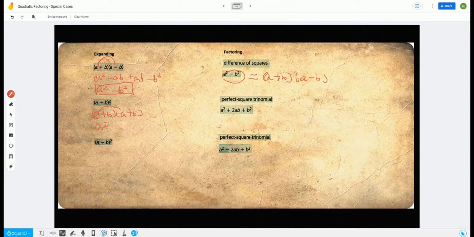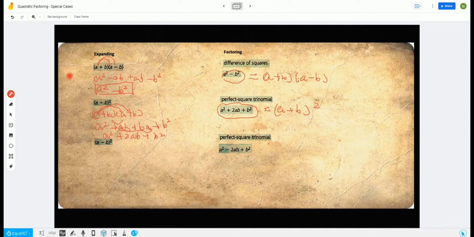So ab and ba give 2ab, and we get a squared plus 2ab plus b squared. This is the expanded form, so factoring is the opposite of expanding: it equals a plus b squared. It means when you see this expression as a quadratic trinomial, you can write it as a plus b squared. It's a perfect square.